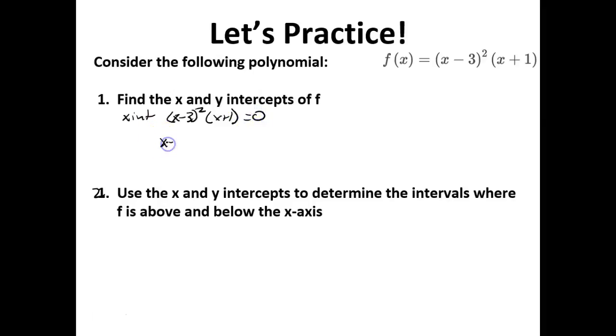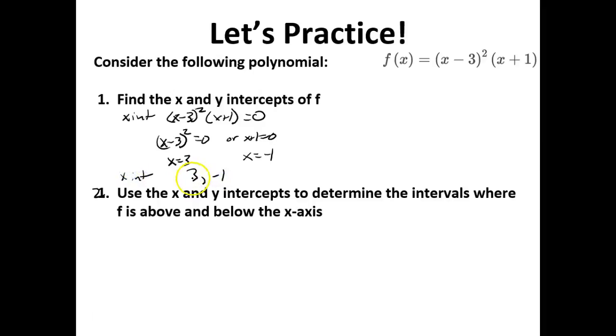Well, if the x minus 3 quantity is equal to 0, we'd get 0 out, or the x plus 1 quantity is 0, we would get 0 out. In this case, x would need to be 3, and in this case, x would need to be negative 1. The x-intercepts are at 3 and negative 1.